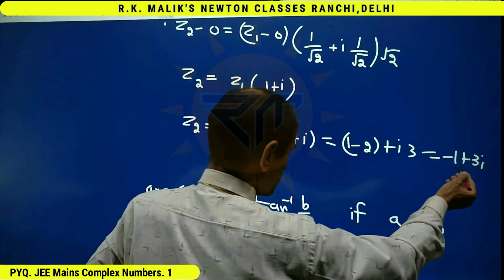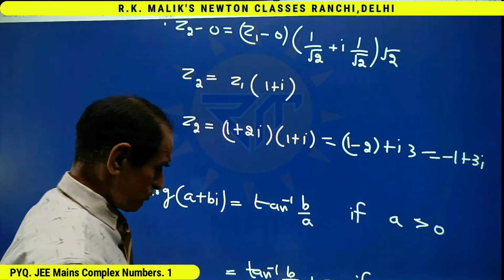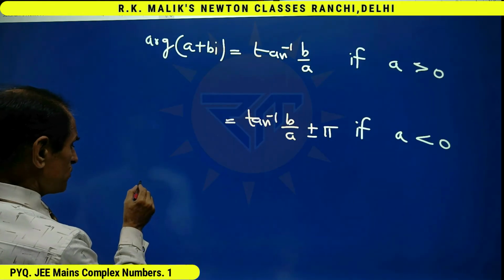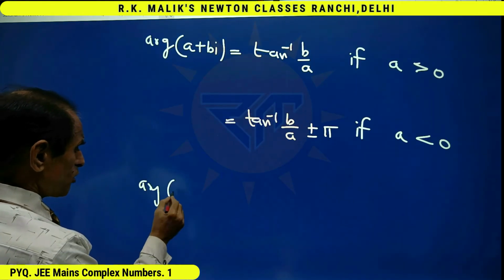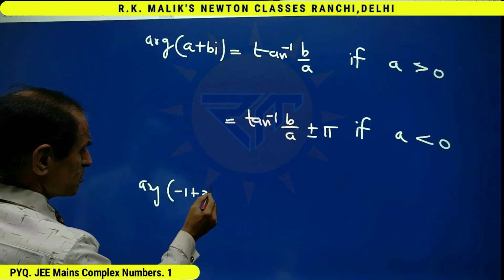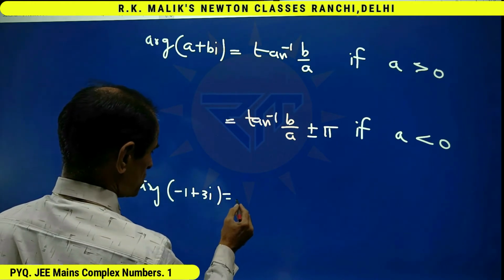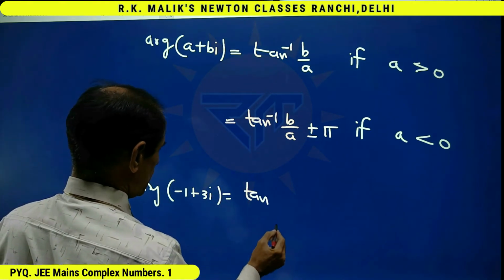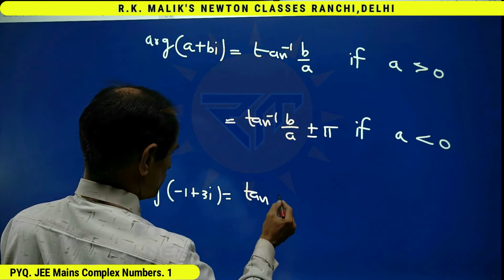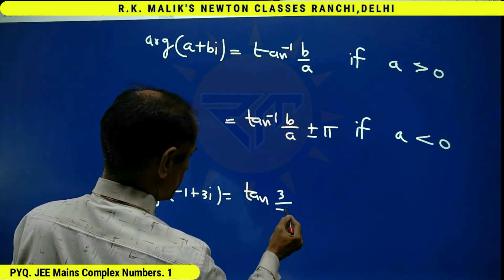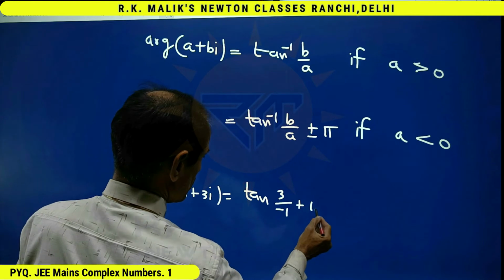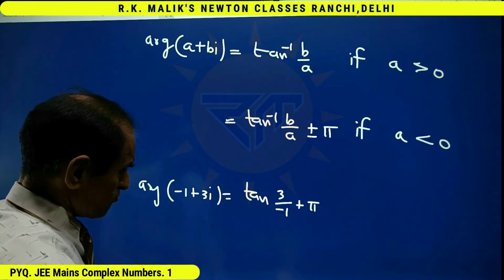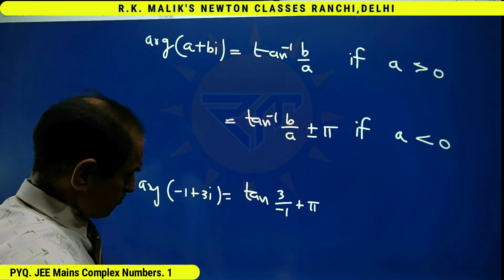Here it is clear that a is negative, b is positive. Hence, keeping that formula in mind, argument of minus 1 plus 3i becomes tan inverse of 3 upon minus 1 plus pi, because b is positive here.